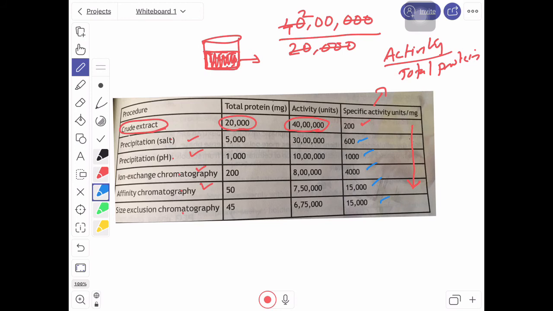So just see the specific activity. If specific activity is getting increased, that says that the protein is getting purified. So we can directly say that specific activity will show you the purity of your protein.